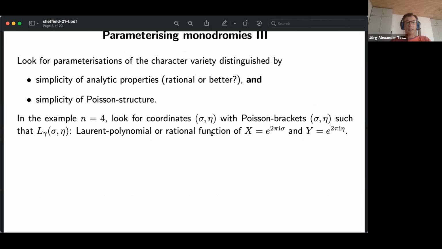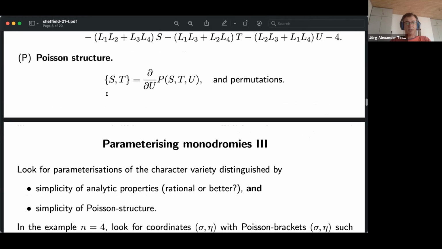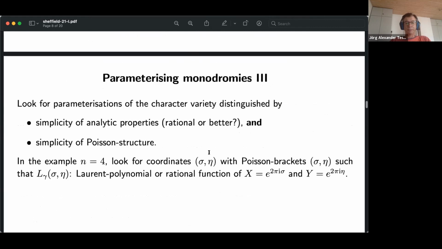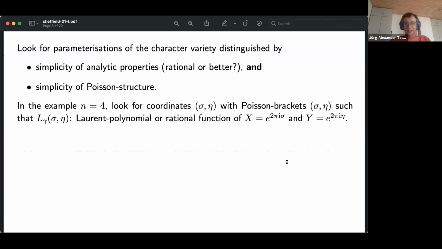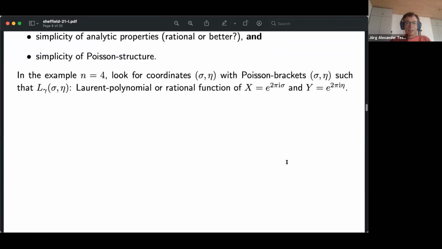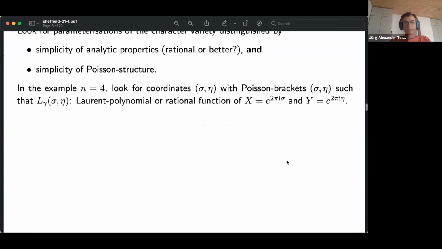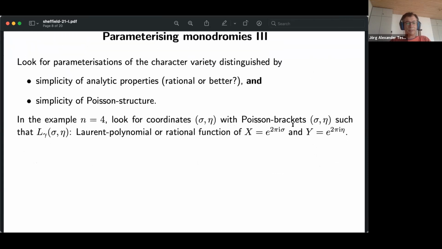If, on the other hand, we want the Poisson bracket, which is somewhat complicated here, to become as simple as possible in terms of the coordinates sigma and eta. And there's another typo to be repaired here. This was meant to be the Poisson bracket of sigma with eta equals 1. So I apologize for some things which were the result of finishing my slides a little late. Good, I shall repair them and maybe resubmit.